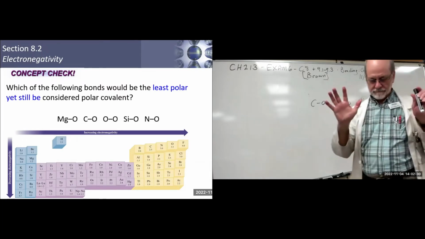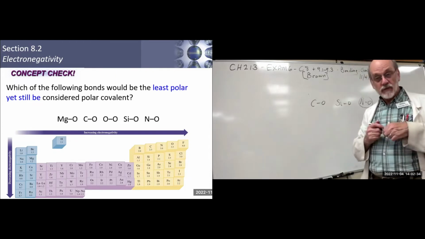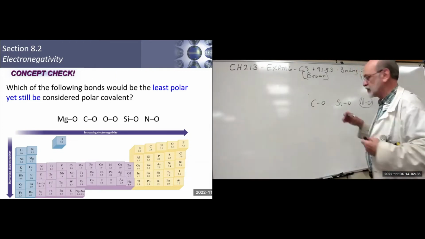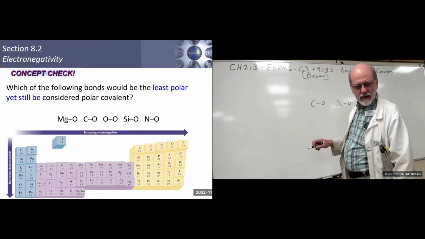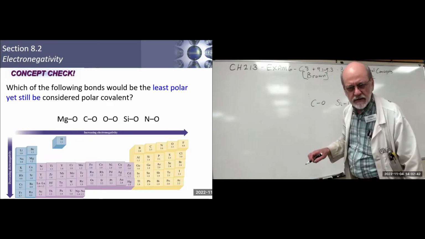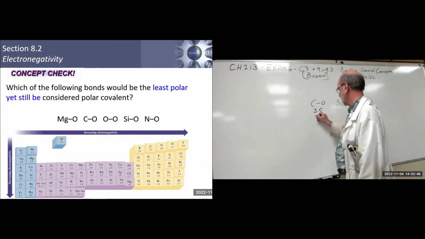Oh, now that we have numbers, we probably should use them. So let's do that. Carbon is 2.5 and oxygen is 3.5. So that's 1.0.